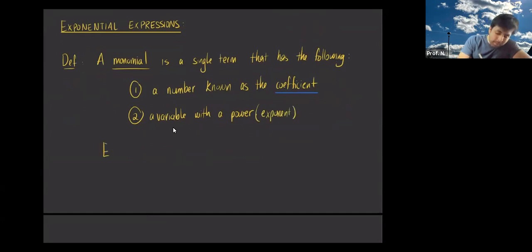Just an example of what that would look like would be something like this, 3x squared. So this 3 here is called the coefficient. The x here is my variable. And the 2 here is the power, or the exponent.